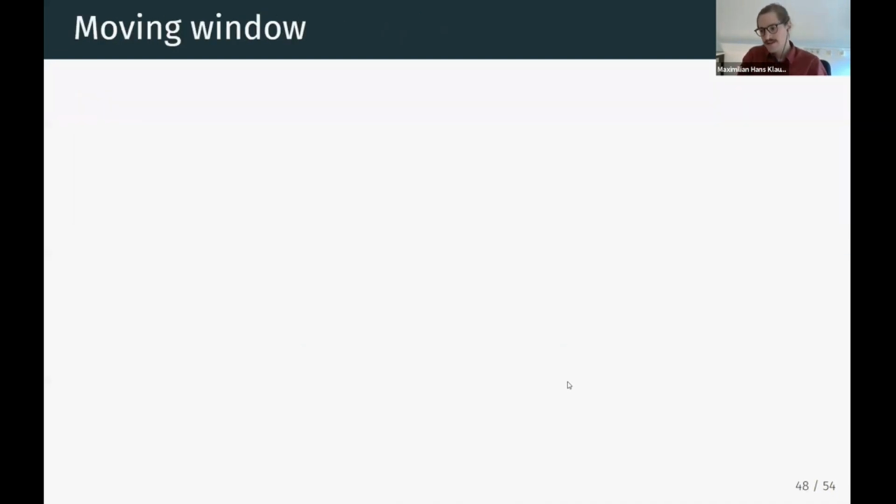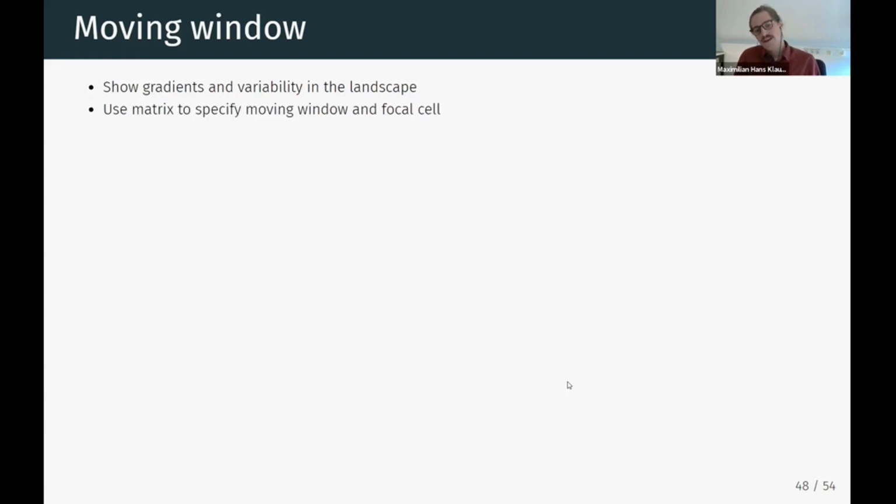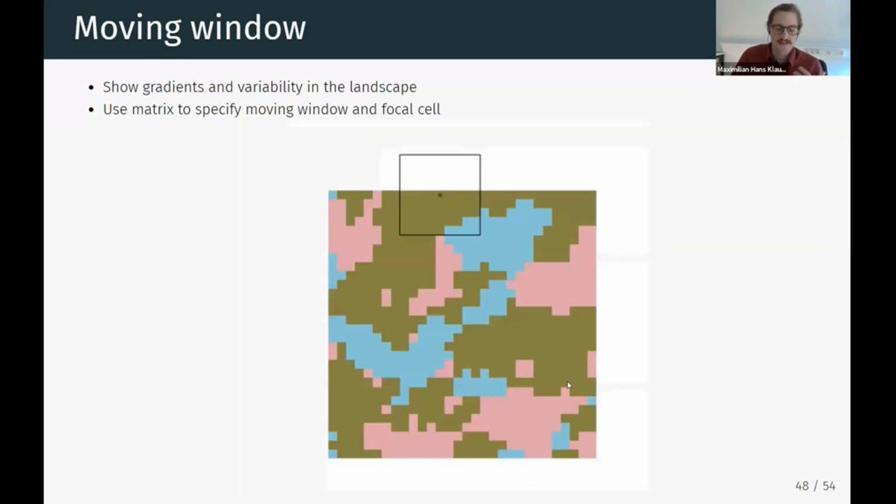We also implemented a moving window function. So the idea of the moving window function is that you can show a gradient of variability within the landscape. For that, you need to use a matrix to specify the focus cell and the moving window. And I think I have, yeah, so here I have some visualization of what I mean by that.